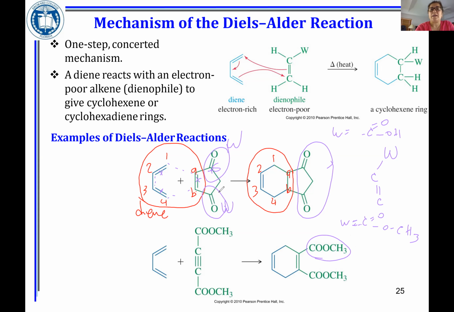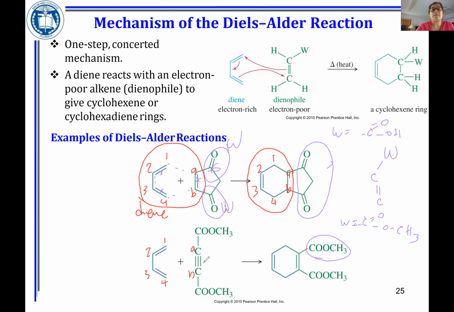Okay. On the next example, we have the first part, which is the diene, stays the same. I'm just going to use the same colors for numbering 1, 2, 3, and 4. Your carbon A and your carbon B are here.